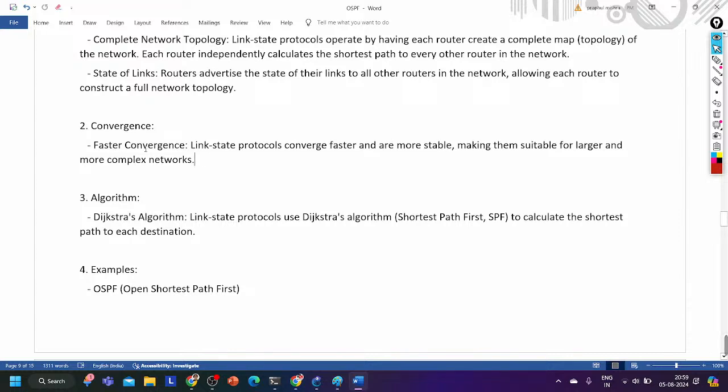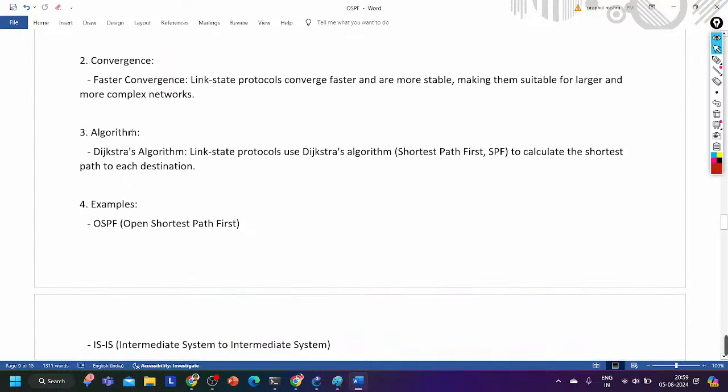Right? But link state routing protocol is stable and their convergence is fast, making them suitable for large and more complex networks. Then algorithm. If I talk about the algorithm in link state routing protocol, link state routing protocols use the Dijkstra algorithm. OSPF uses the SPF algorithm, shortest path first algorithm, right?